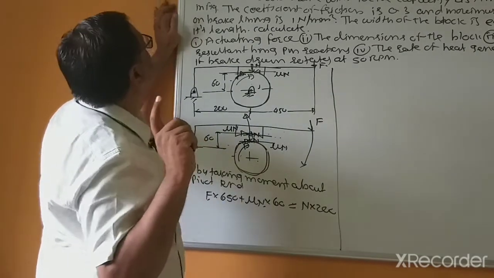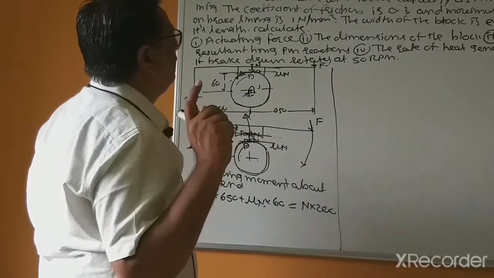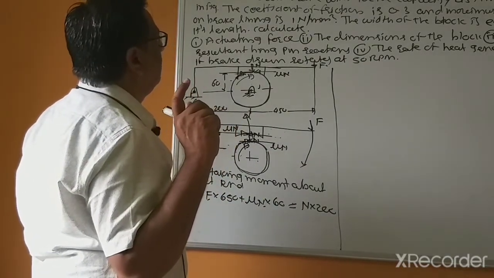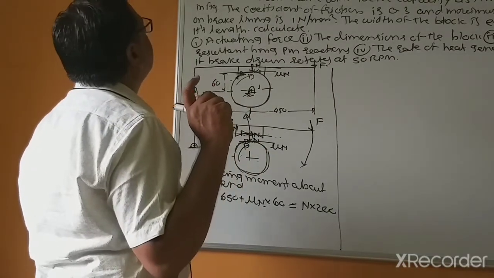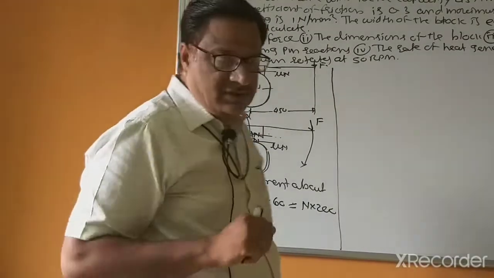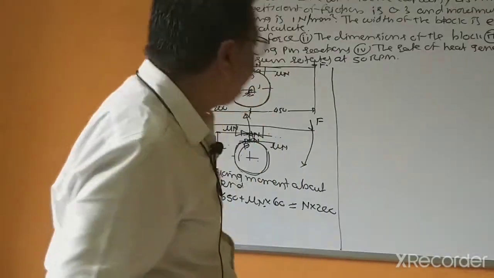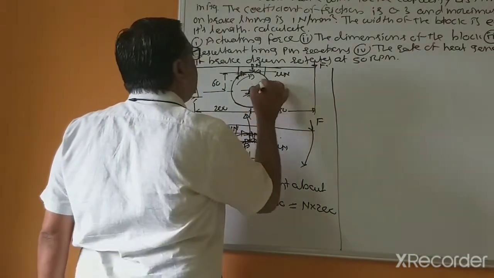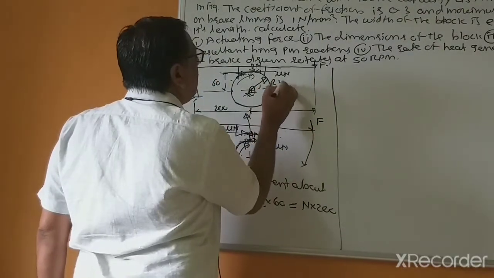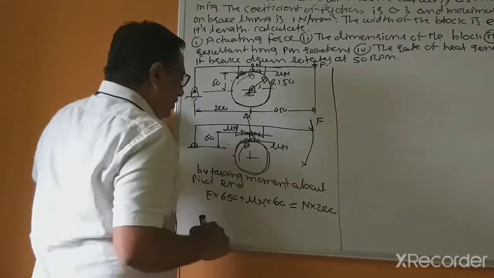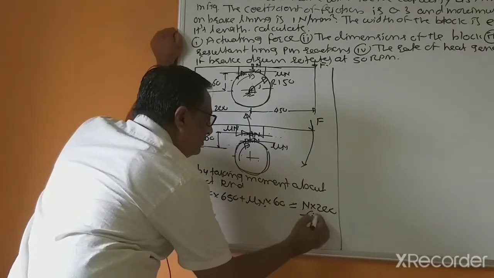We require the brake drum radius, which is given in the figure: R equals 150. So this is the first equation.